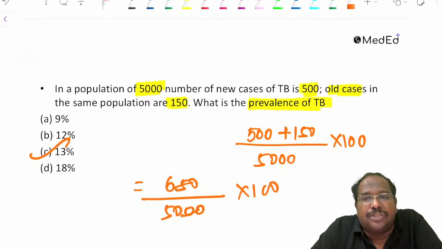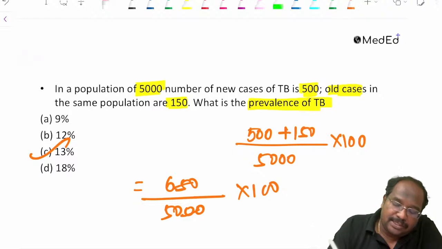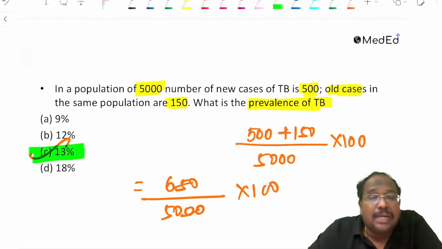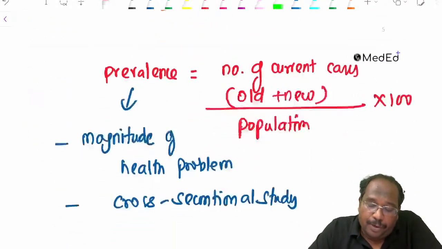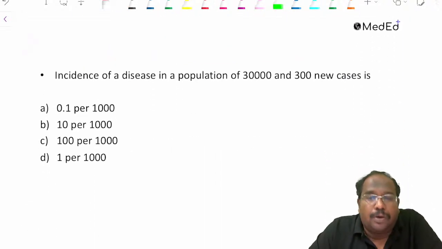So the answer for this question is 13%. Prevalence is the number of current cases, and current cases means both old and new. Hope you understood this. These are basic problems. Go to the next one.